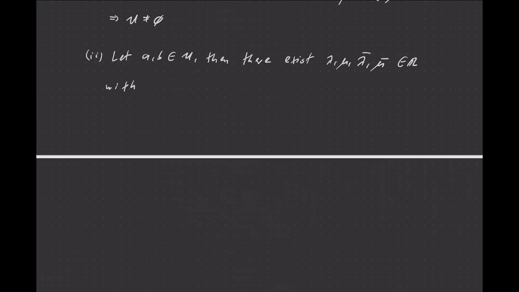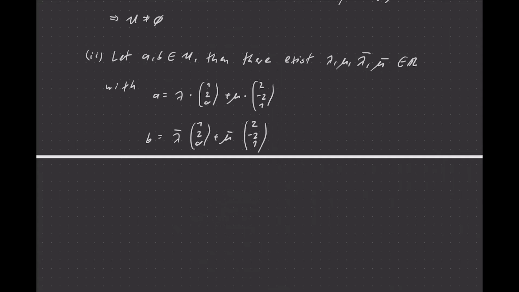Okay, so a is equal to lambda times (1, 2, 0) plus mu times (2, -2, 1), and b is equal to lambda bar times (1, 2, 0) plus mu bar times (2, -2, 1).